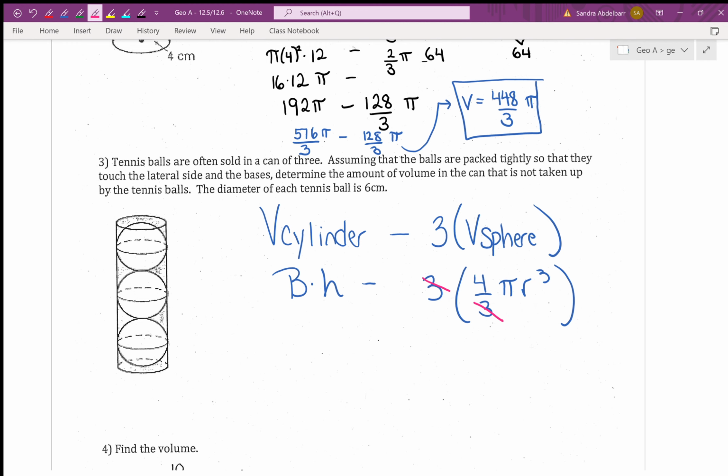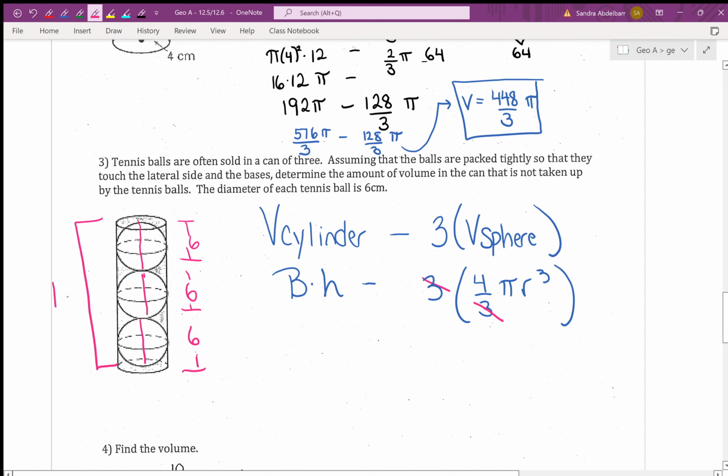But isn't the diameter also vertical? So that's where it's going to help us. So if this is 6, and this is 6, and this is 6, what's the height of the whole cylinder? 18. Is that important? Yes.